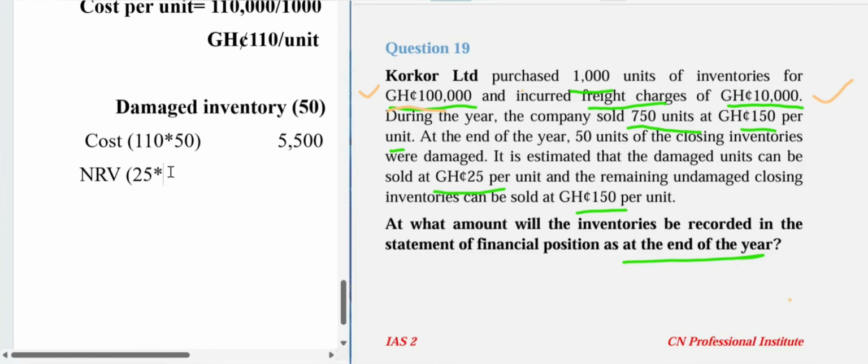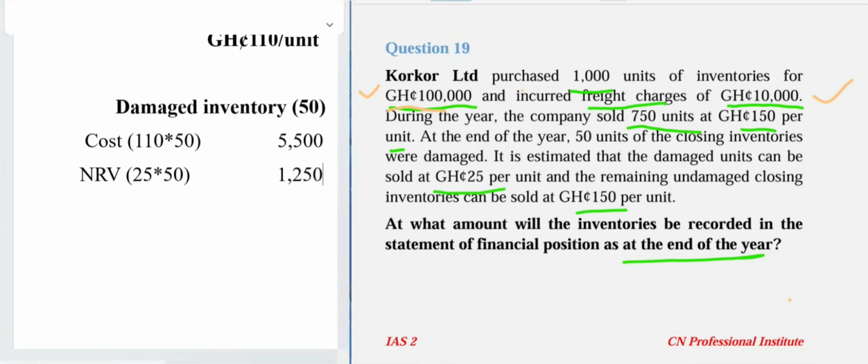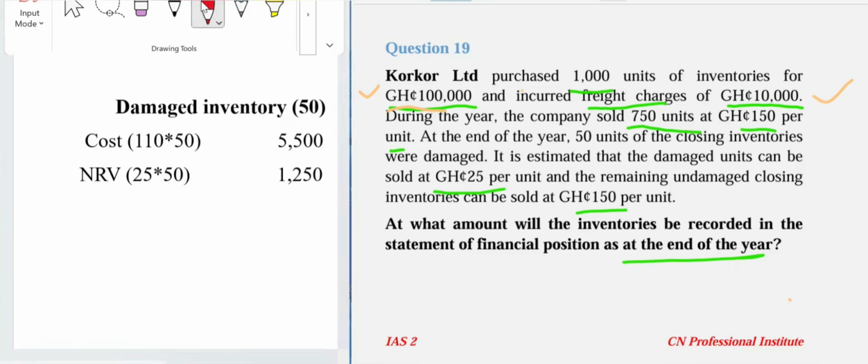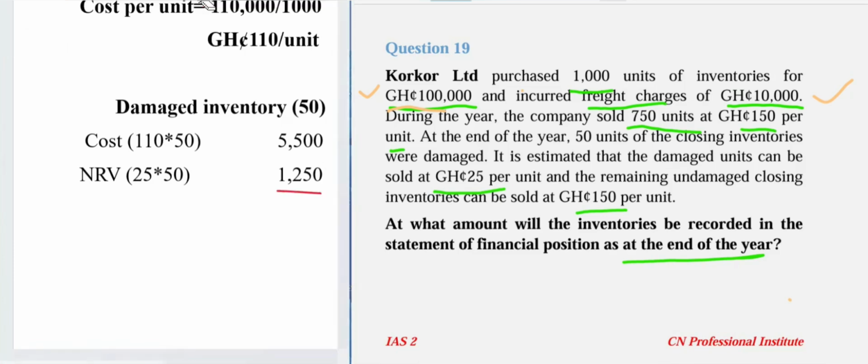Then we'll multiply the 25 by 50, and that will give us 1,250. So this is the net realizable value for the damaged inventory, and this one is the cost for the damaged inventory.